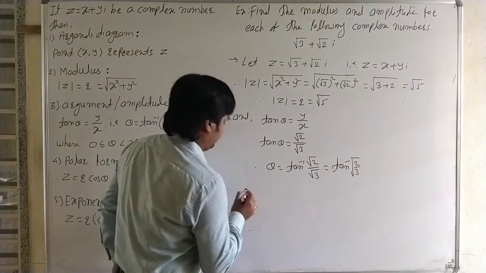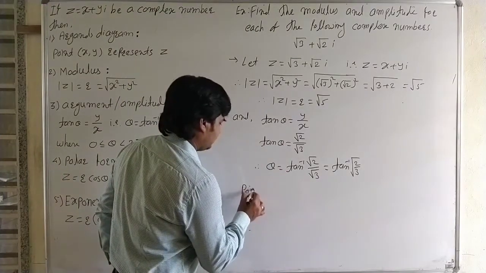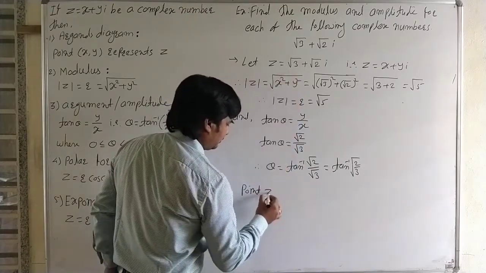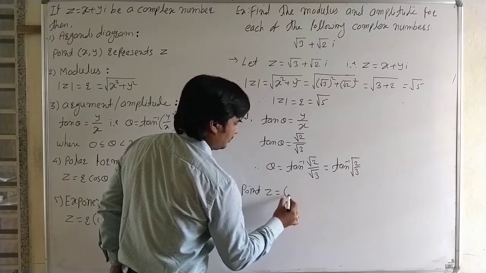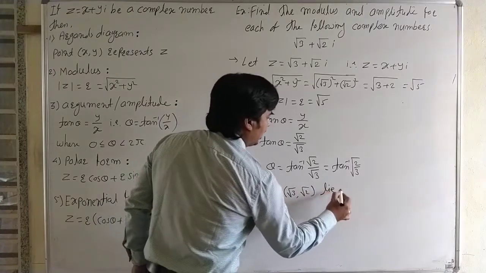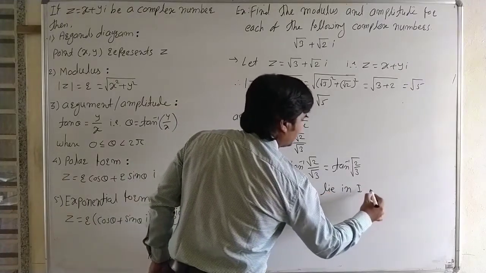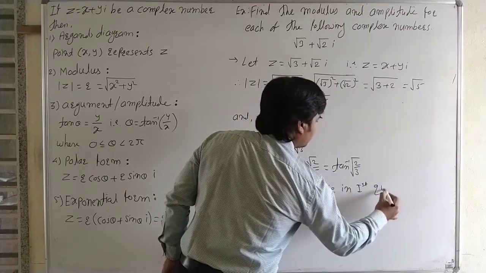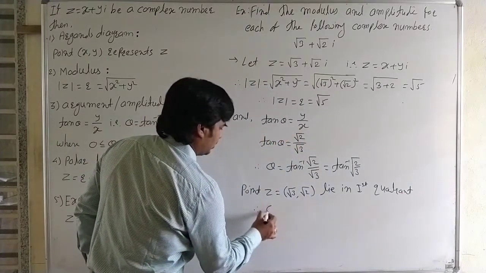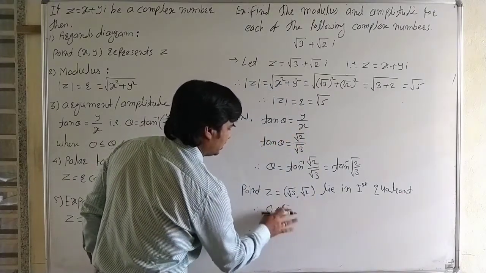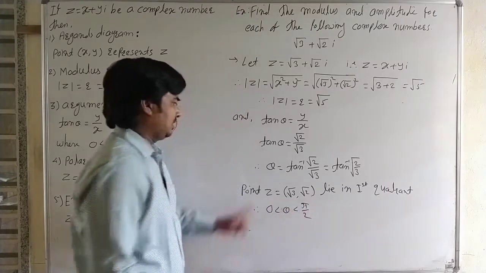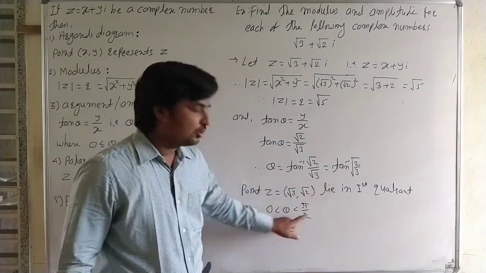Here the point z, under root 3 comma under root 2, lie in the first quadrant. Therefore 0 less than theta less than pi by 2, that is theta becomes in between 0 to pi by 2.